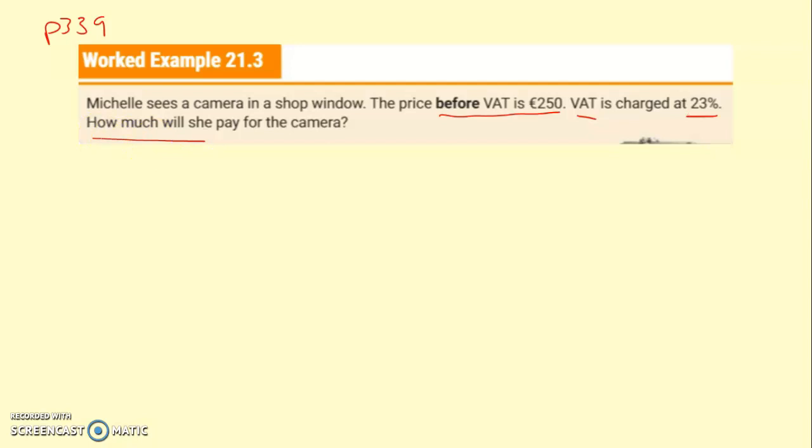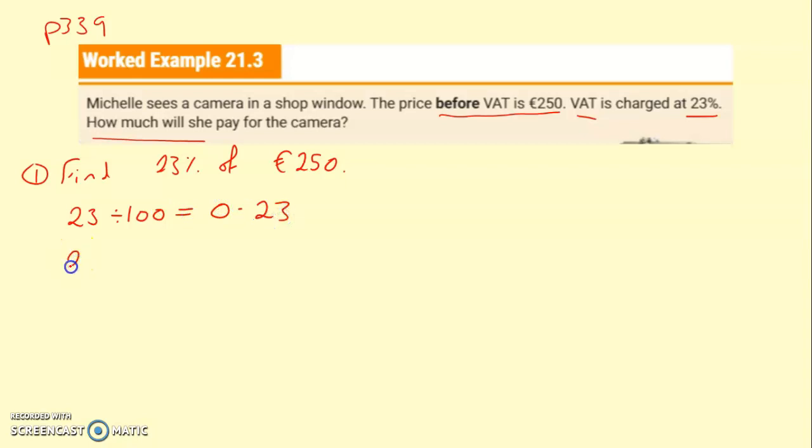So the first thing we have to do is find 23% of €250. And the way we do that is we turn 23% into a decimal. So we do that by saying 23 divided by 100 equals 0.23. Then we take the amount, 250, and multiply it by 0.23.